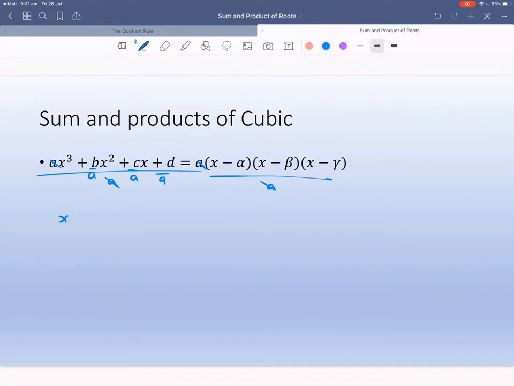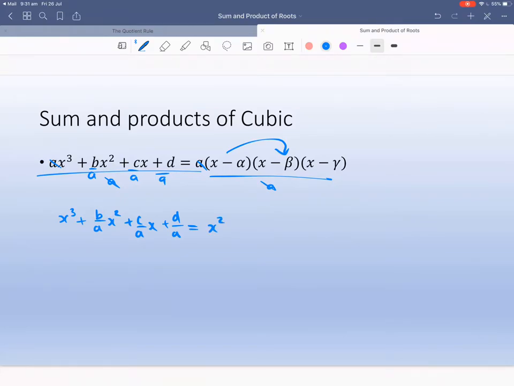So I get x cubed plus b over a x squared plus c over a x plus d over a. Now what I'm going to do is FOIL these two together, which will be exactly the same thing as what we got before.